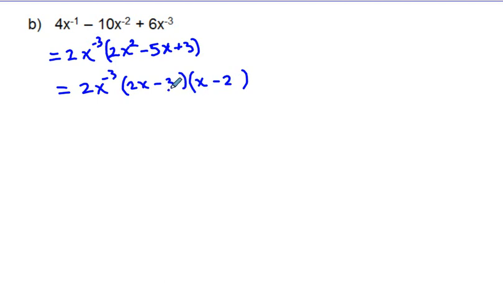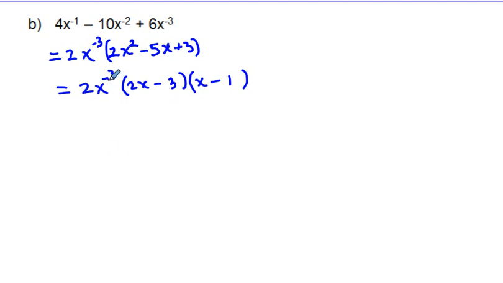Yeah, it's going to be negative 3x. That's going to be negative 7x. So let's fix that here. 3x, 3 and 1, there we go. So that's 3x minus 2x. So that checks out.